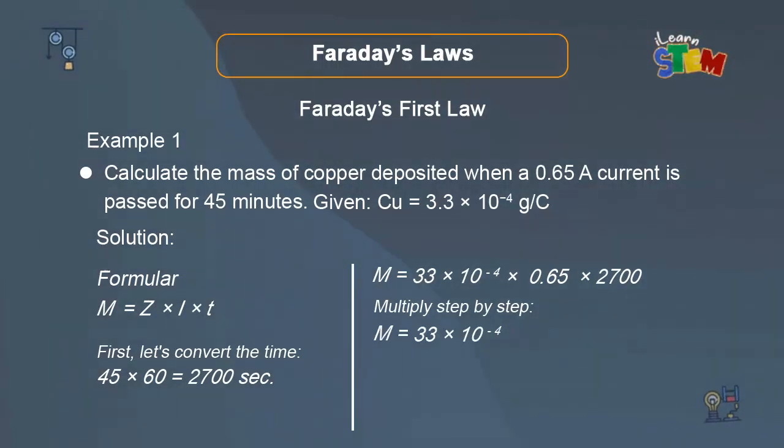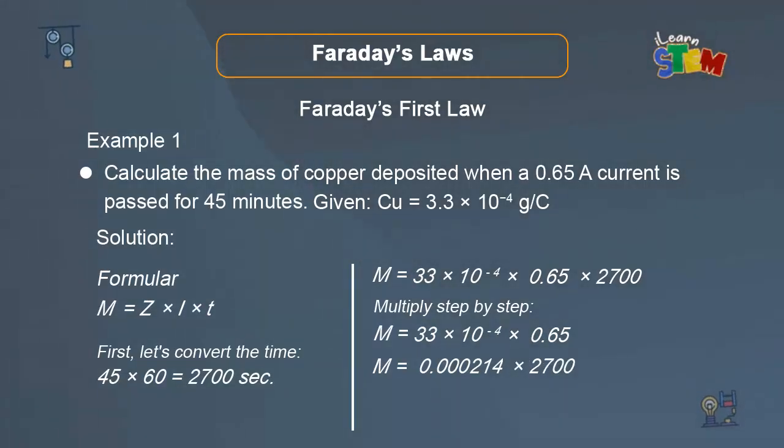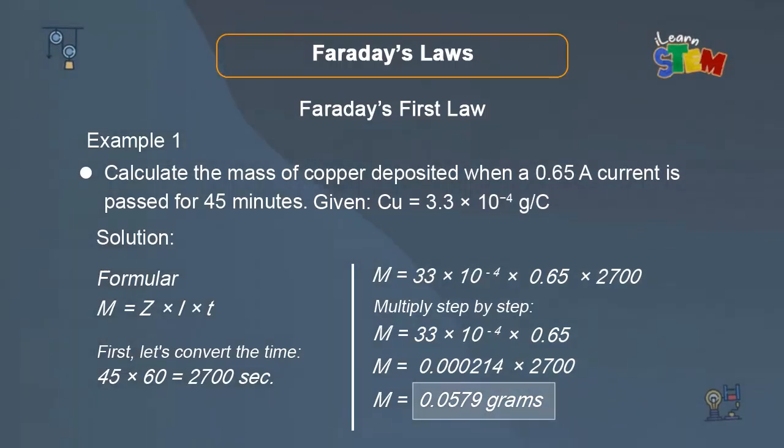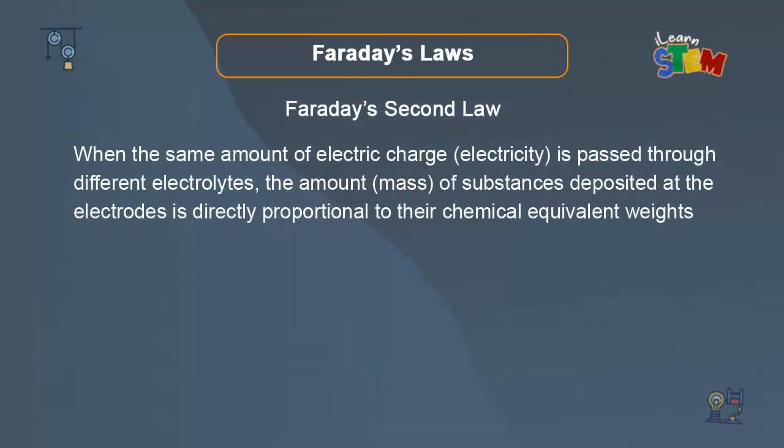First, 3.3 times 10 to the minus 4, multiplied by 0.65, equals 0.000245. Then, multiply that by 2700 to get approximately 0.0579 grams. Final answer: about 0.0579 grams of copper will be deposited.